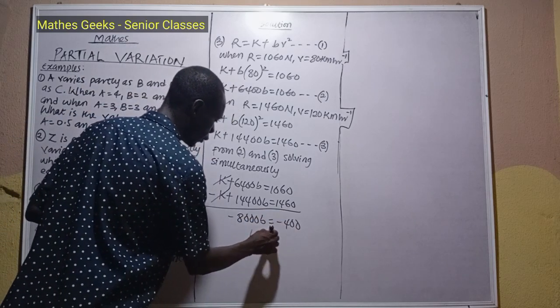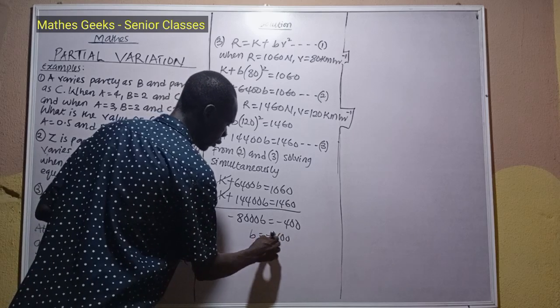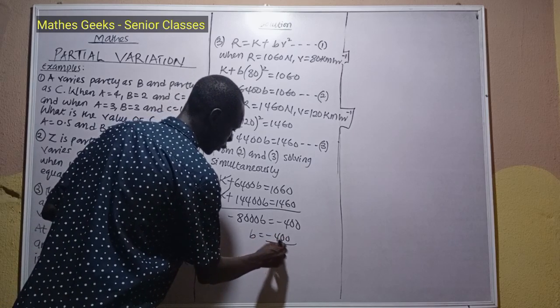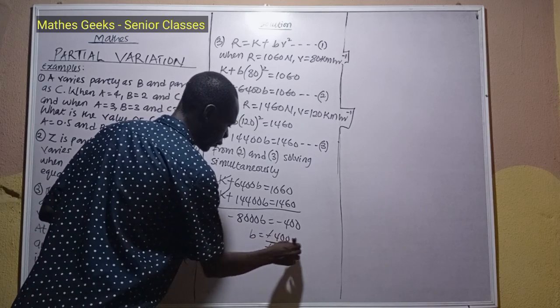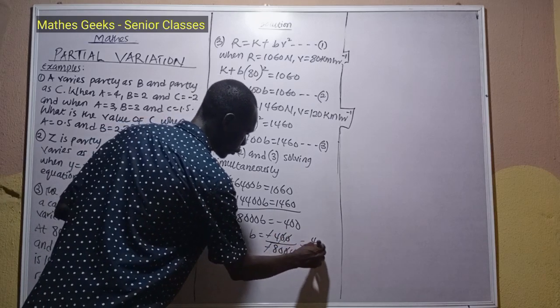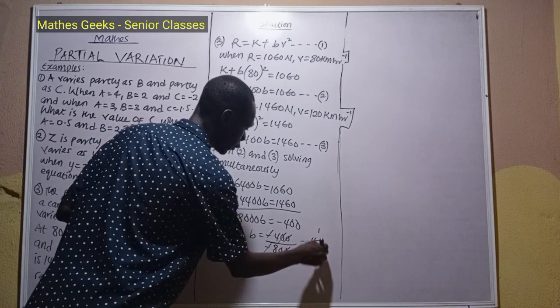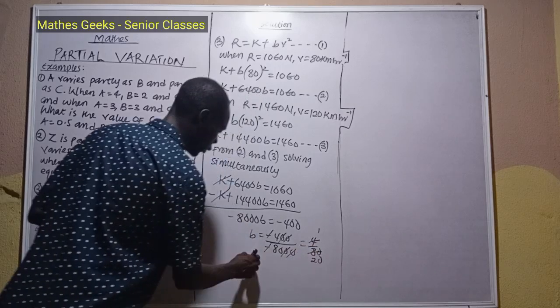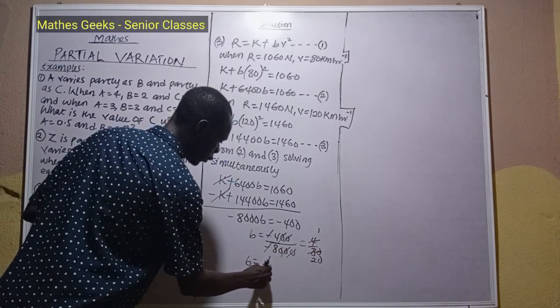So b is equal to minus 400 over minus 8000, that's equal to 1 over 20. So b is equal to 1 over 20.